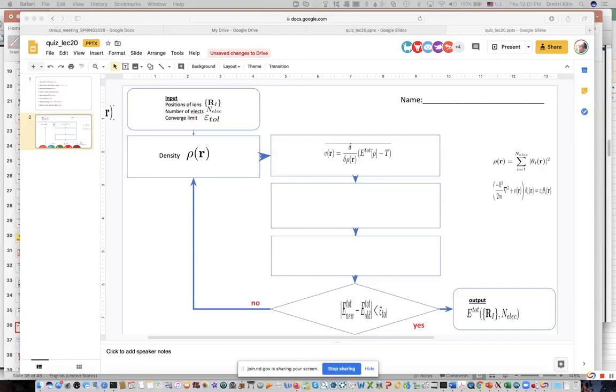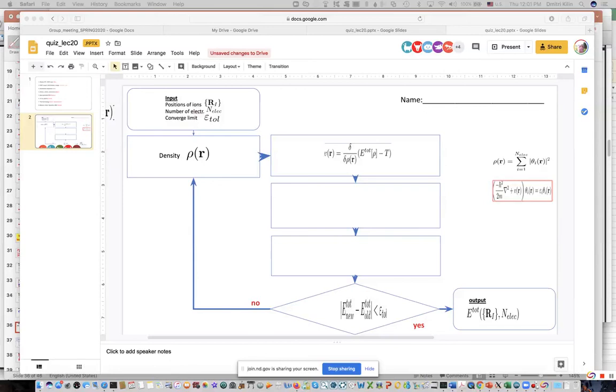This is very reasonable. The order of these steps is not as critical, but you need to have a potential in order to solve the one-electron Kohn-Sham equation. Yes. Okay, who is next?